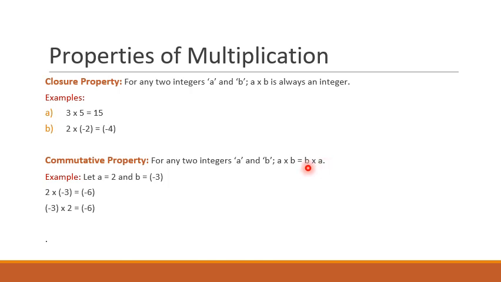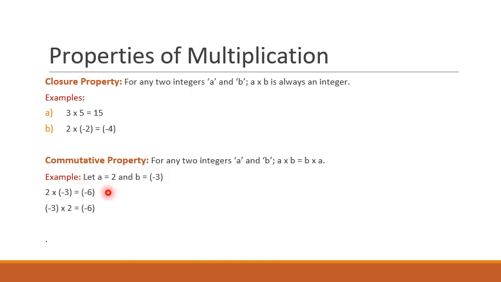This means the order of integer does not change the answer of multiplication. The answer will be same irrespective of the order, whether I write a multiplied by b or b multiplied by a. So let's see it with the help of an example.